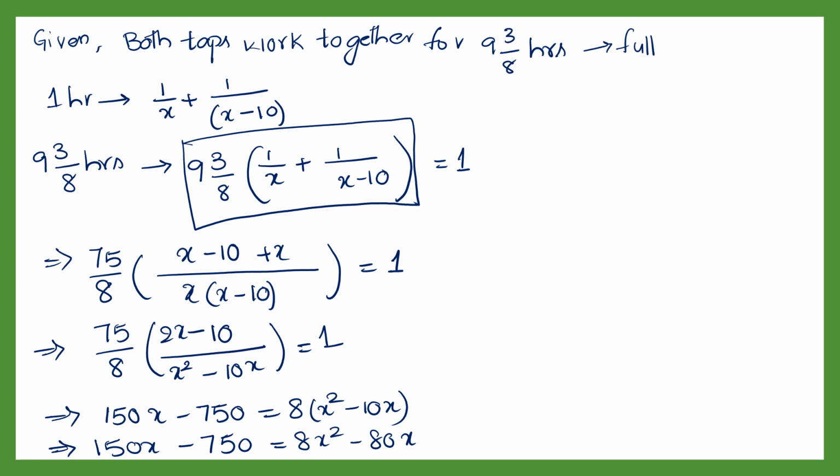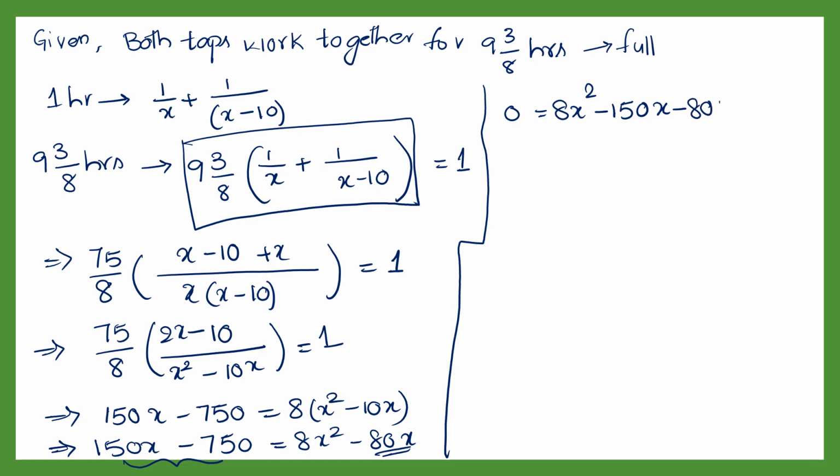Now, if these two terms come to the right side, you will get 0 is equal to 8x square minus 150x, because it is plus 150x on the left side and becomes minus 150x on the right side. Here you have minus 80x. Minus 750 on the left side becomes plus 750 on the right side.